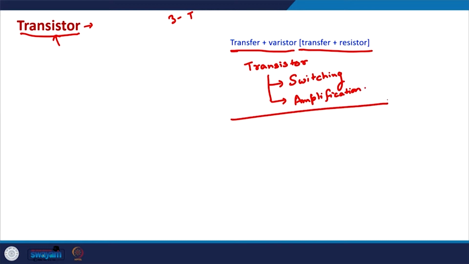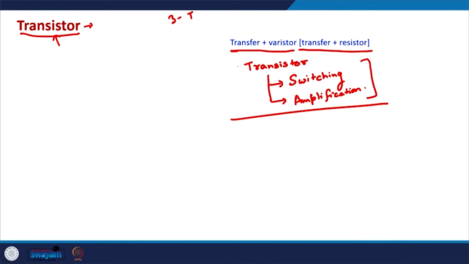So, a transistor is a 3-terminal device that can achieve switching and amplification, and these two operations are extremely crucial for all the electronic devices, for example cell phones and computers that we use. Just by various combinations of these operations we can achieve a lot of computational tasks.